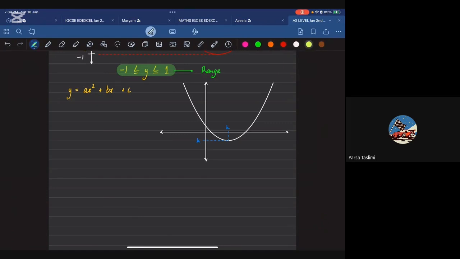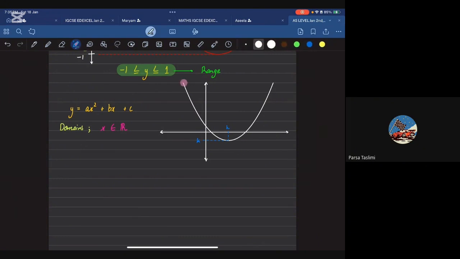Now, if domains are given to you, if your given domain of the function says that, for example, x is equal to all real numbers, then that means, Parsa, what is going to be your graph?